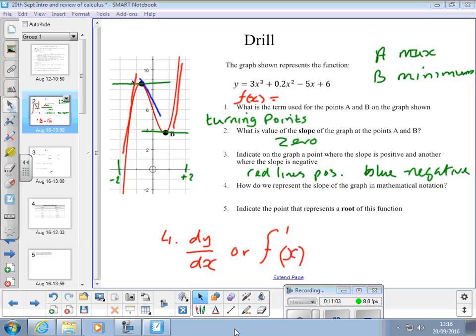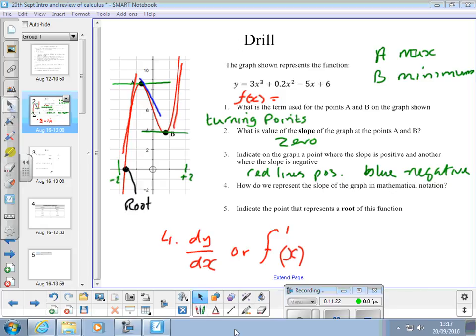And lastly, where's a point on that graph as shown that represents a root of the function? Where it crosses the x-axis, yeah. So the root is there.